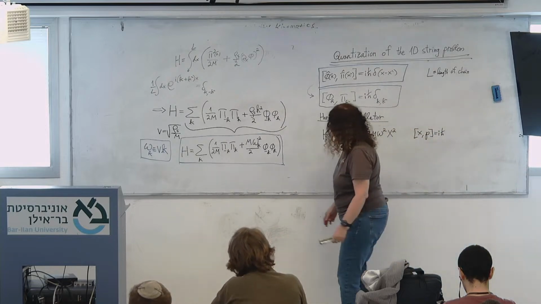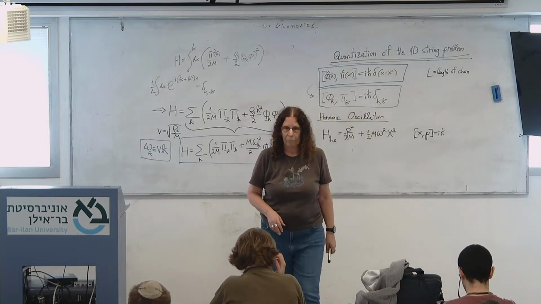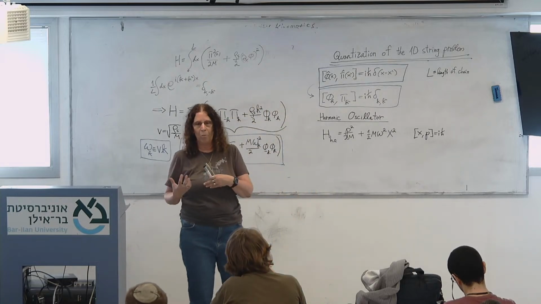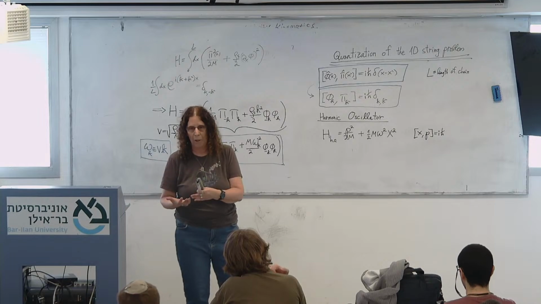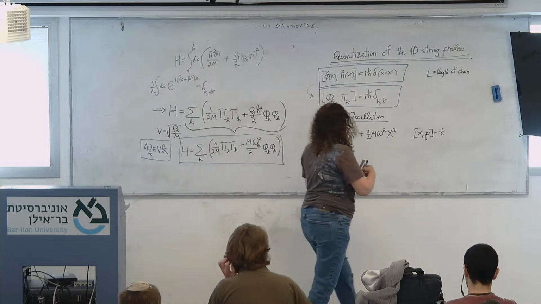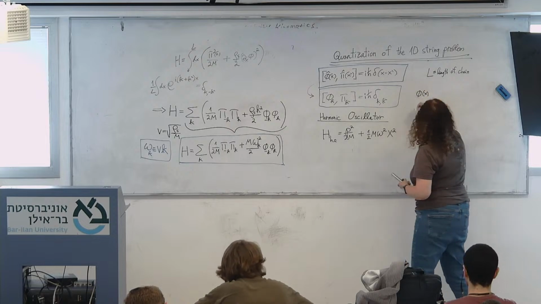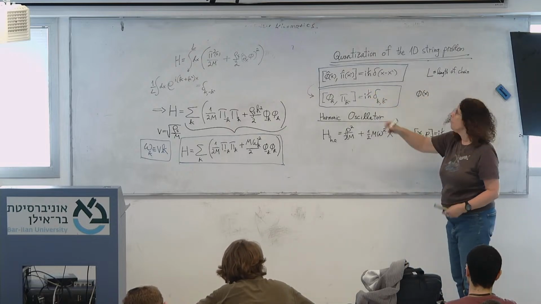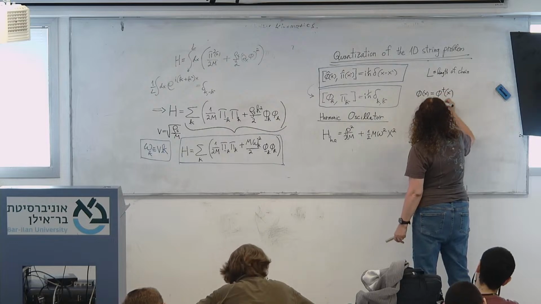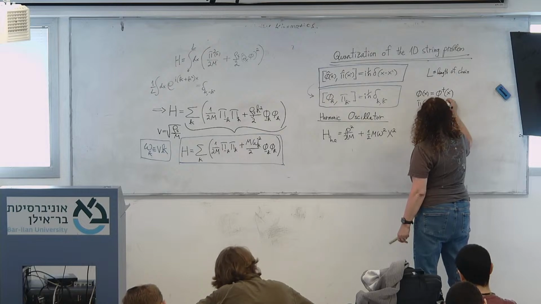However, phi k and pi k are not Hermitian. How do we see it? We know that the original coordinates and momenta of the particles were Hermitian, because they really describe coordinate and momenta. The same is of course true for their continuum limit. So phi of x equals phi dagger, and pi of x equals pi dagger.